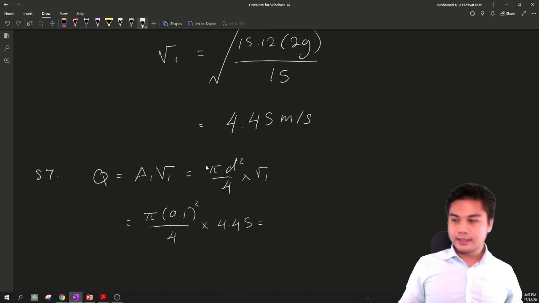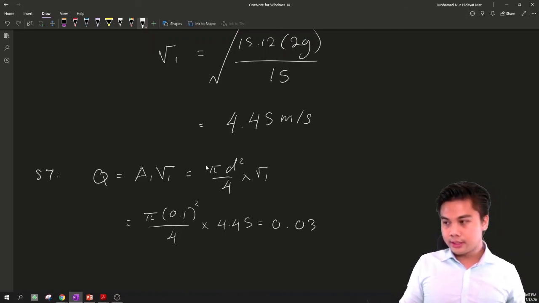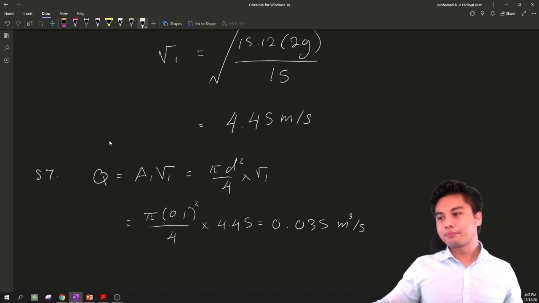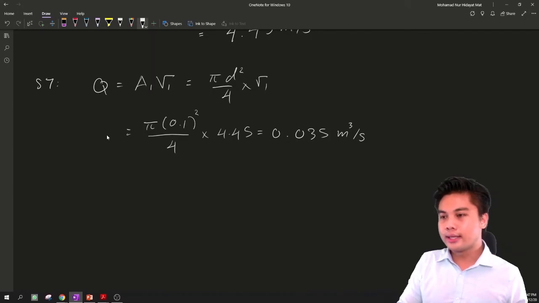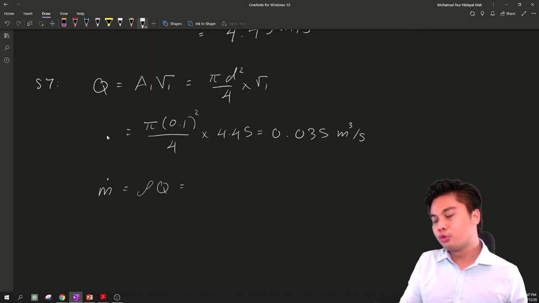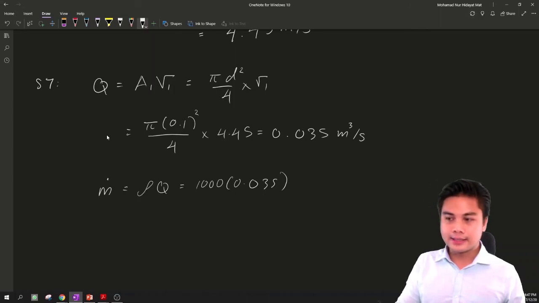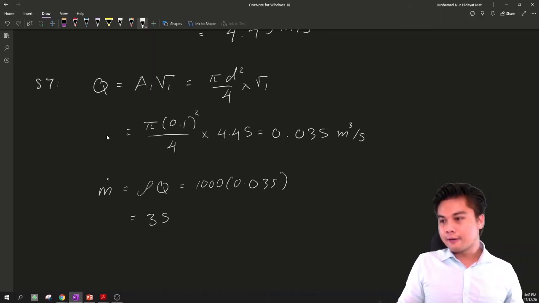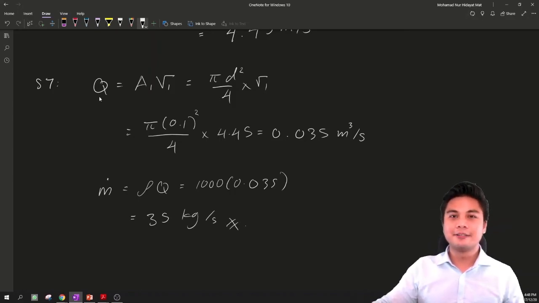Thus the answer here is 0.035 meter cubed per second. To get the mass flow rate, the relationship is rho Q. So rho of water is 1000 multiplied with the volume flow rate 0.035. The final answer is 35 kilogram per second. That is the final answer.